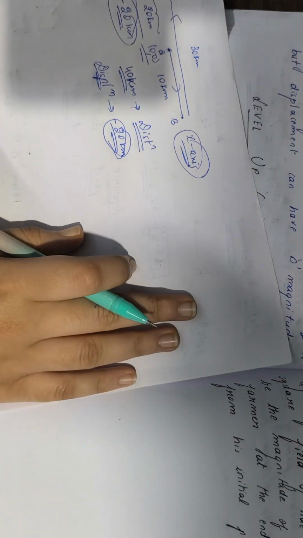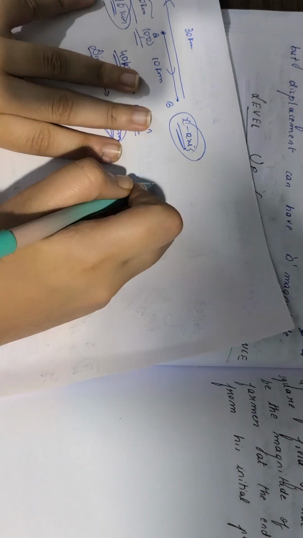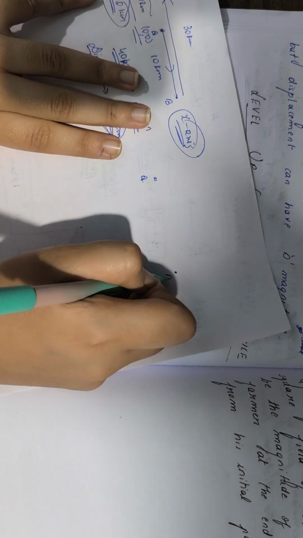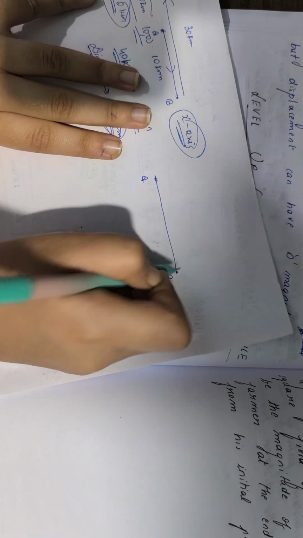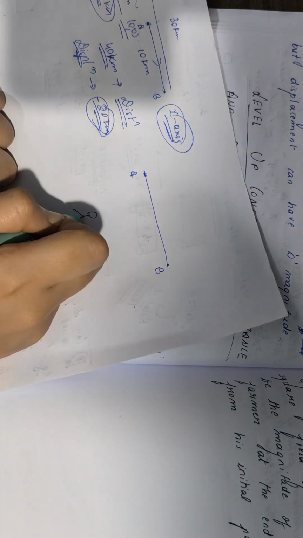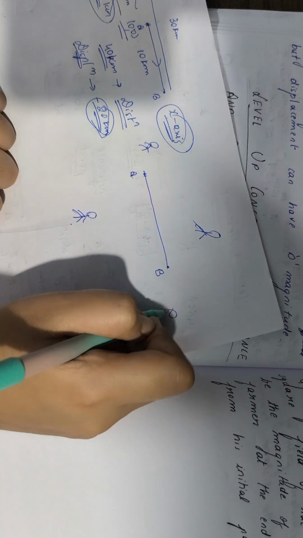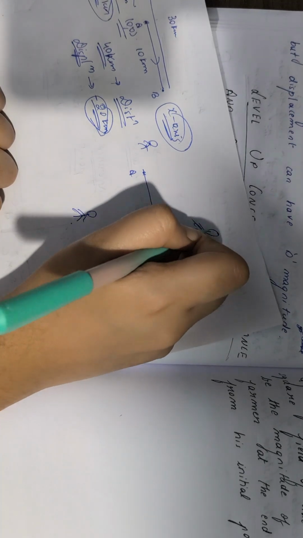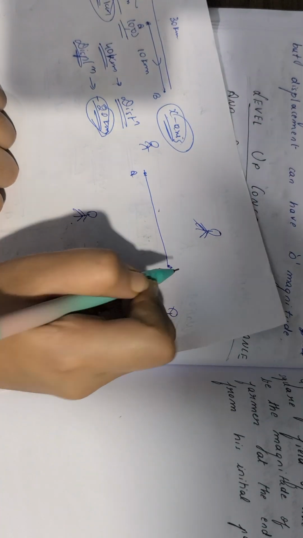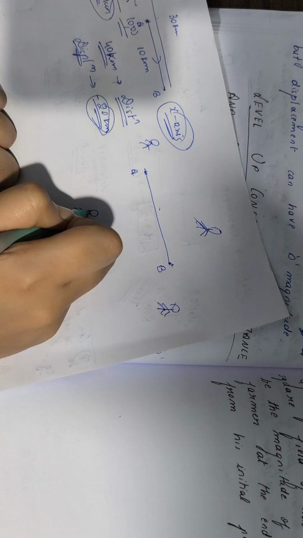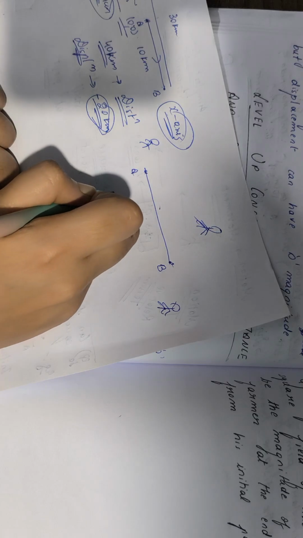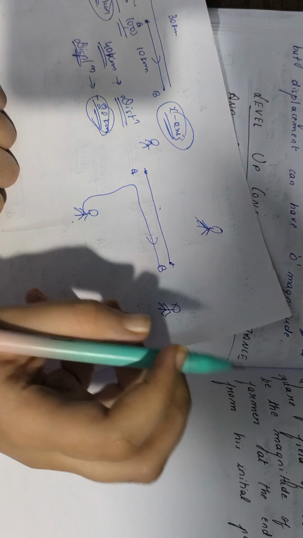Now what do I exactly mean by this? I'll just explain you here. Suppose this is point A, this is point B. If I view from here, or from anywhere, with respect to this person, if I want to move from A to B, this is the length of the path.